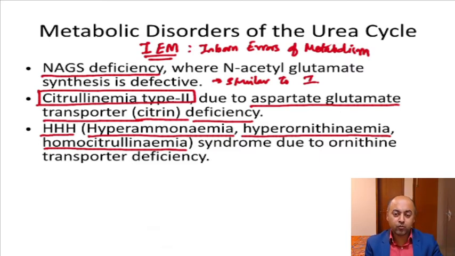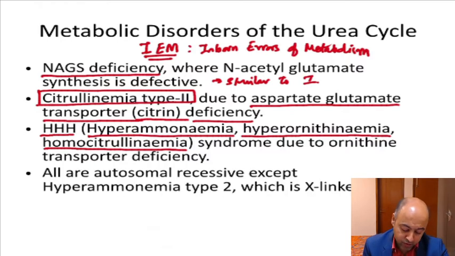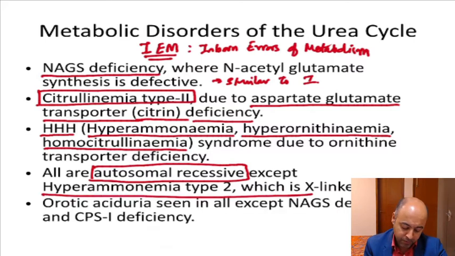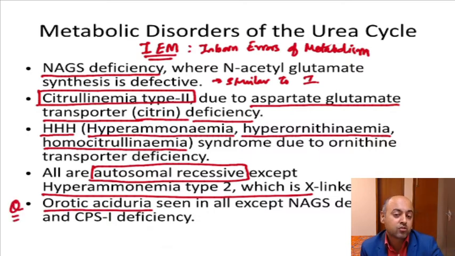Please note, the inheritance pattern is autosomal recessive, except for hyperammonemia type 2, which is X-linked, and a common feature in urea cycle disorders is orotic aciduria.